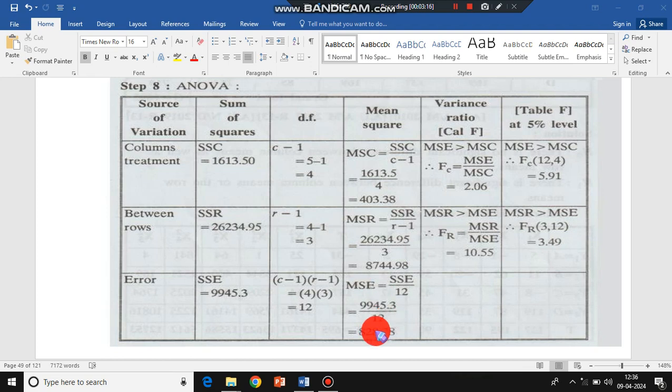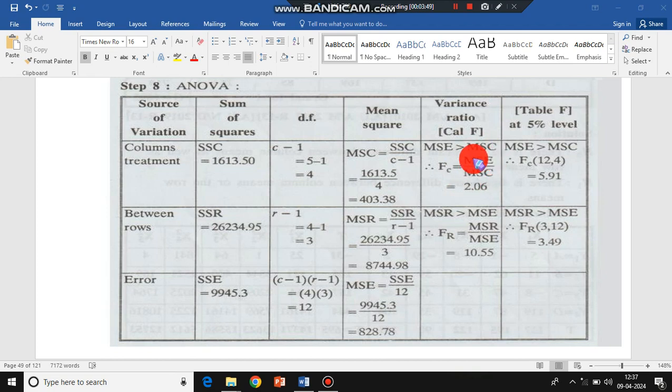The greater value is MSE, mean square error, 828.78, which is greater than 403.38. Am I correct? Therefore the greatest number, MSE, we have to write in the numerator, and MSC, the smaller number, in the denominator.